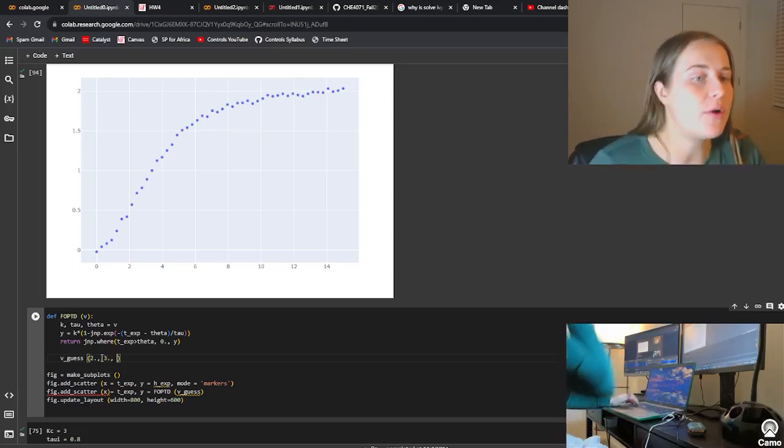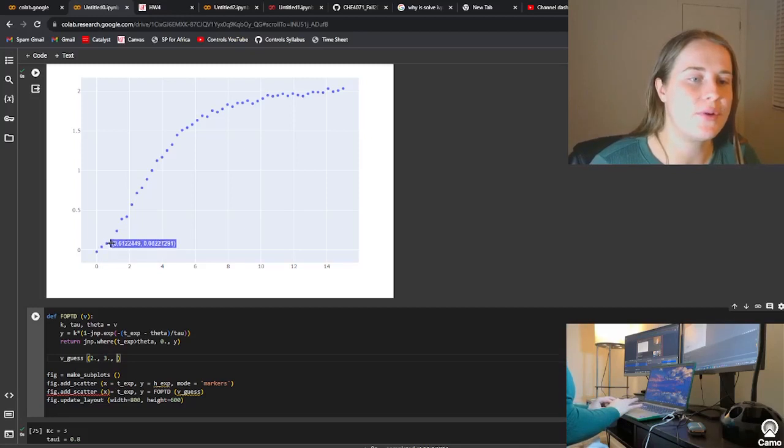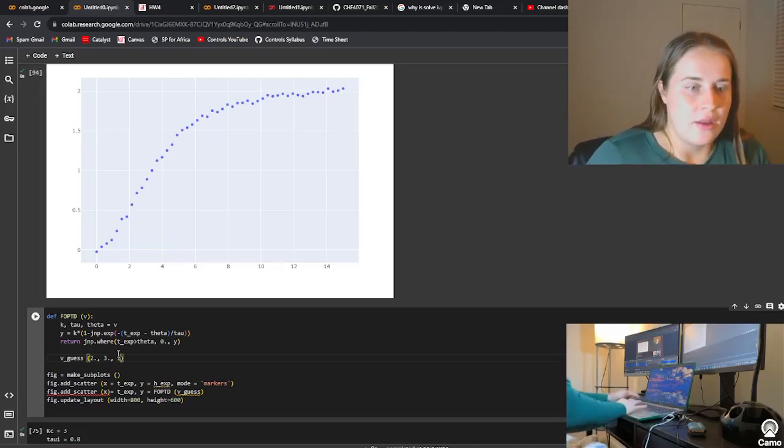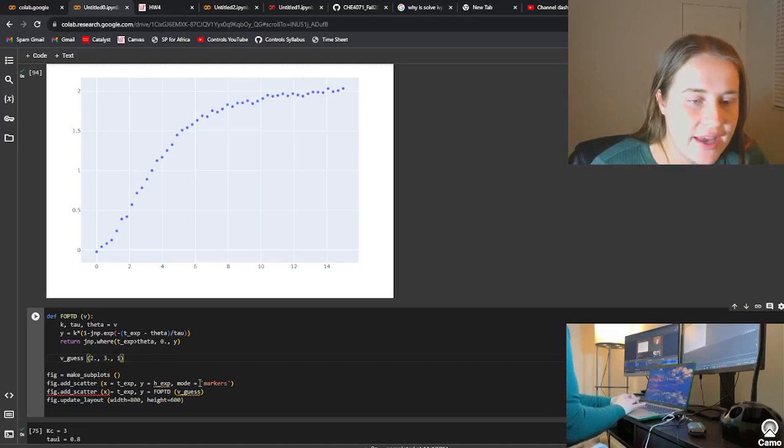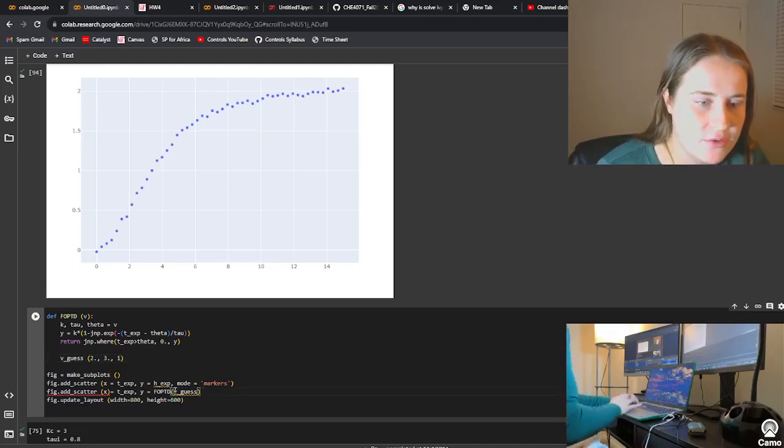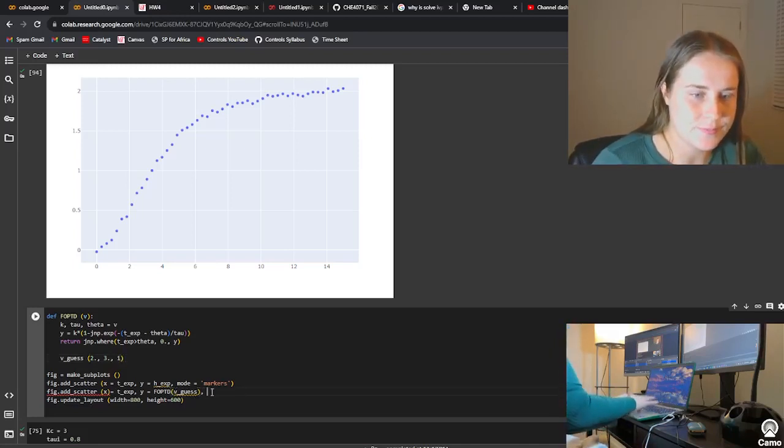And then next we want to guess this little portion, what we think this delay is, and we can guess about 1. So I have this v-guess, so I'm going to put that here next to my FOPTD, and then my mode equals lines.